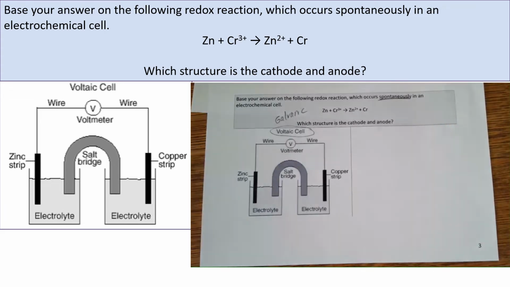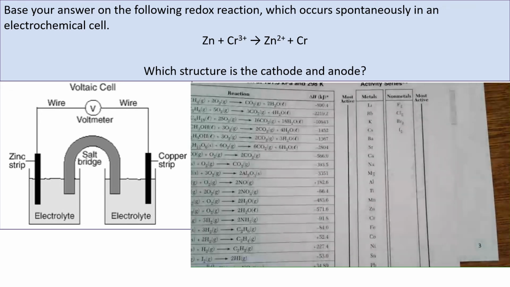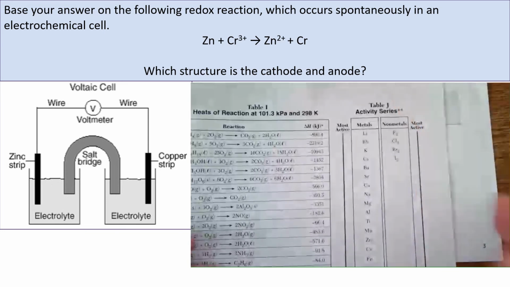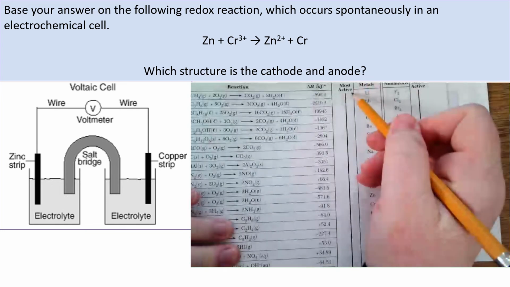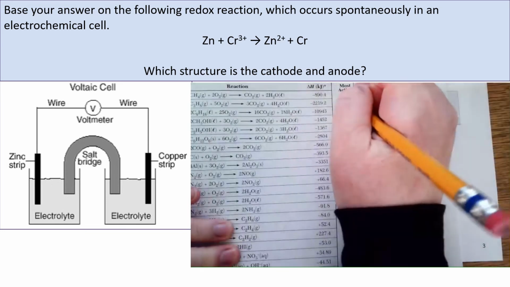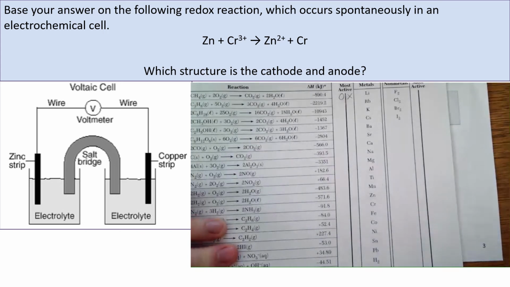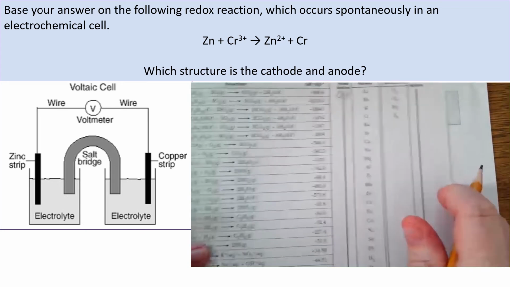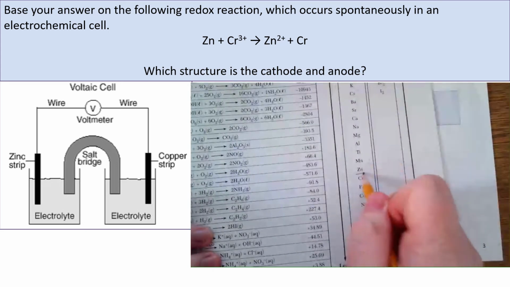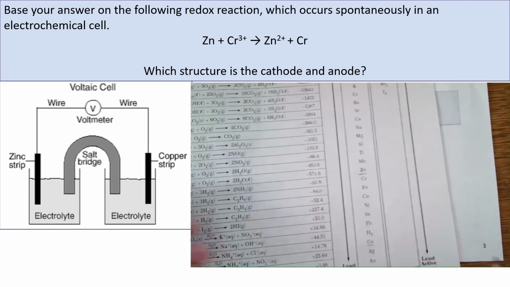Well, I need to look at table J. So table J is the activity series. The most active metals are at the top. That means they will be oxidized because metals are really good losers. Okay, they lose electrons.